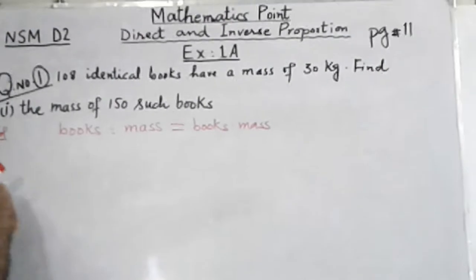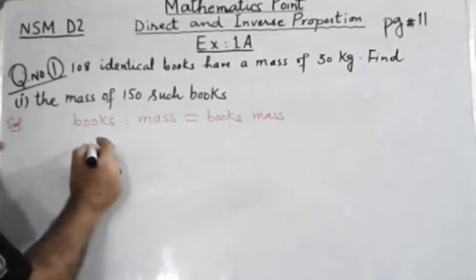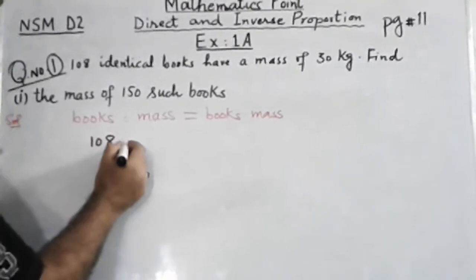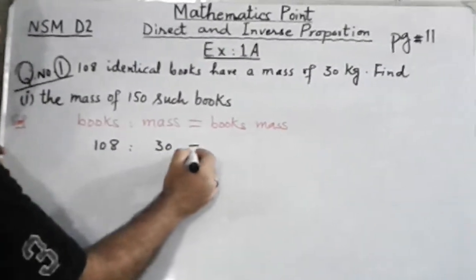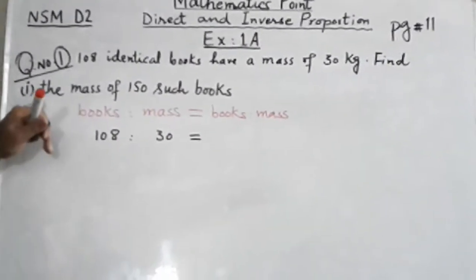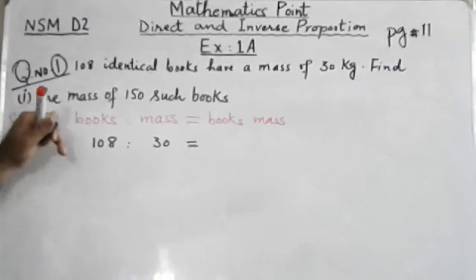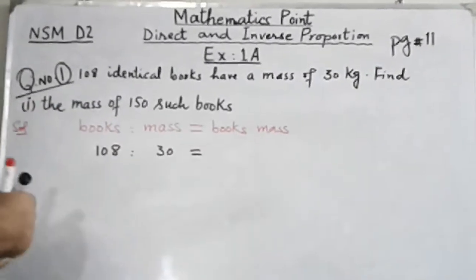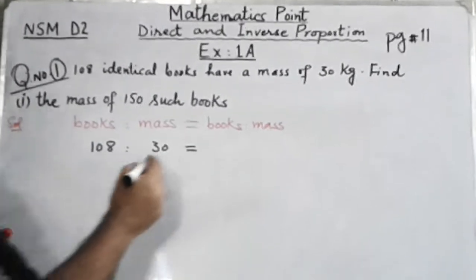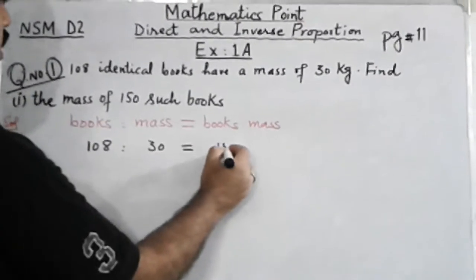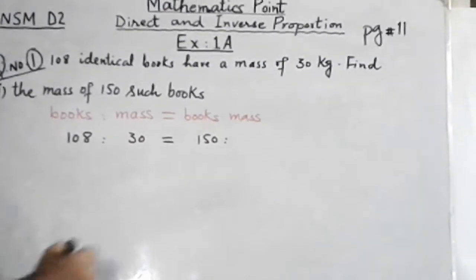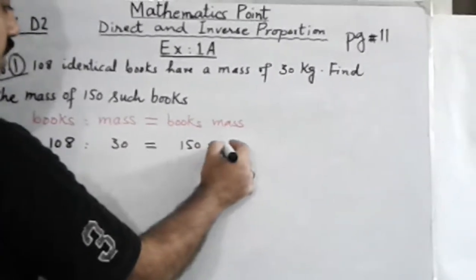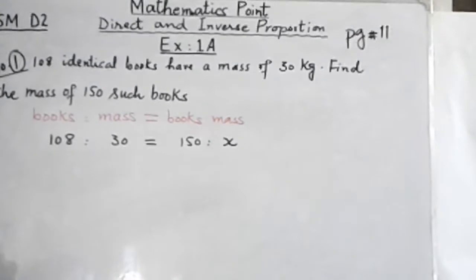So how many books are there? 108, having mass 30 kg, is equal to, and in part 1 we have to find the mass of 150 books. So the books are given as 150 and we have to find the mass of 150 books. So let the mass of 150 books be x.